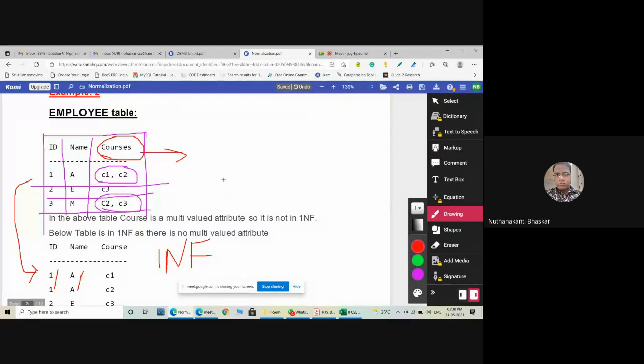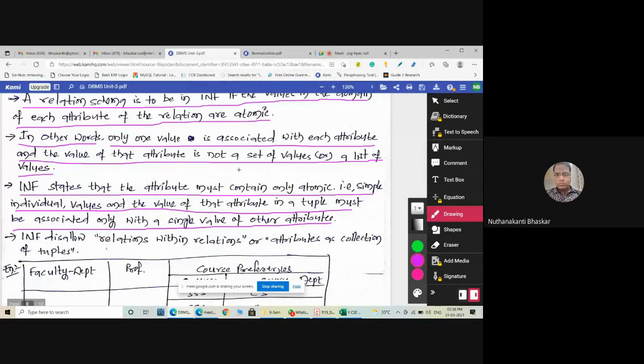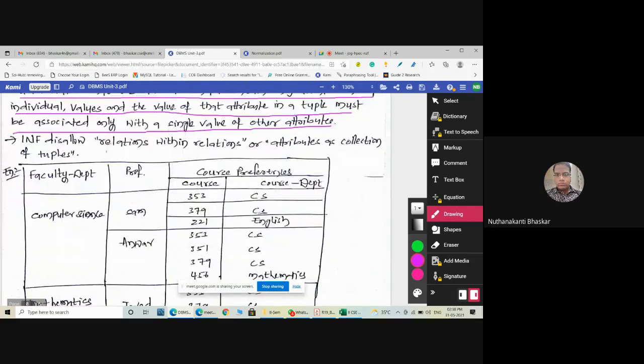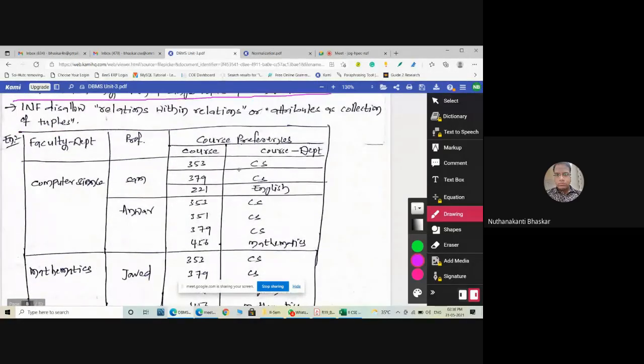Not only this way, some people will write a table in another fashion. I will show you this fashion. That is also not in first normal form. I have just drawn it here. Some people concisely put the total data into a required format, for example faculty, department, professor name, and course preferences. Again, this particular attribute is divided into two attributes.